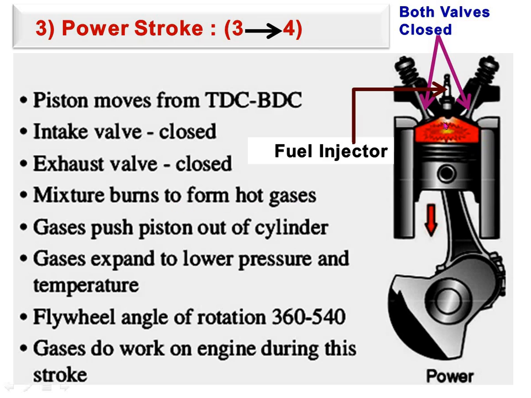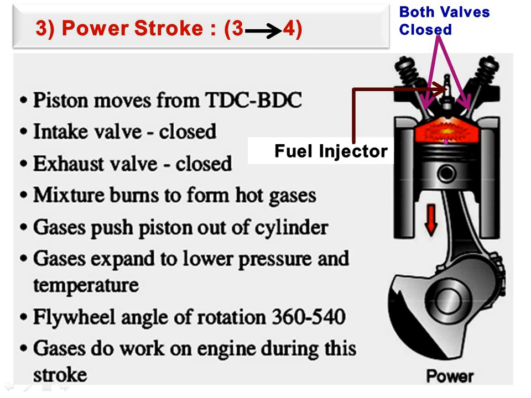As and when the mixture is ignited, it burns and produces hot gases which are at high pressure. Gases push the piston out of the cylinder due to the high pressure, or we can say explosion of the gases. It pushes the piston downward inside the cylinder. Gas expands to lower pressure and temperature.